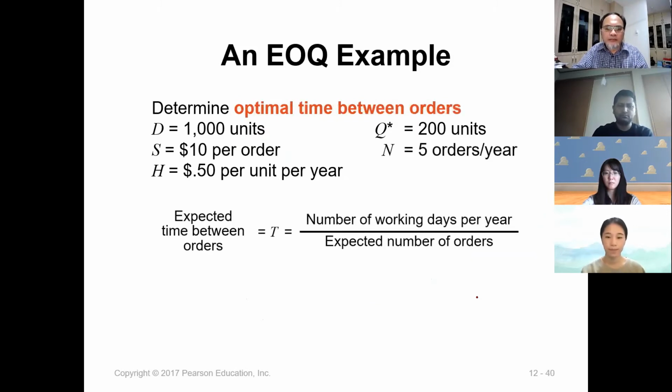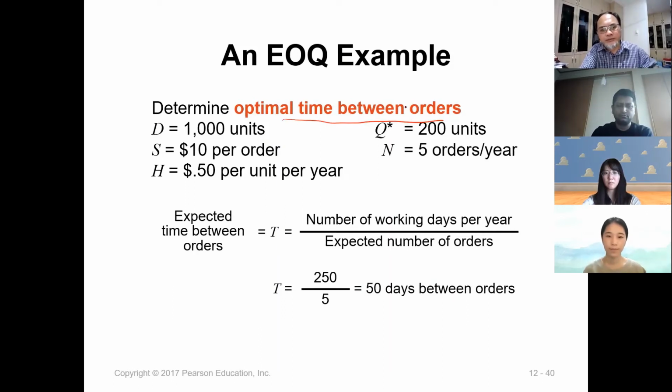And there is an optimum time between orders, which needs the number of working days. You need new information, because if you do not know the number of working days in a year, you cannot compute it.